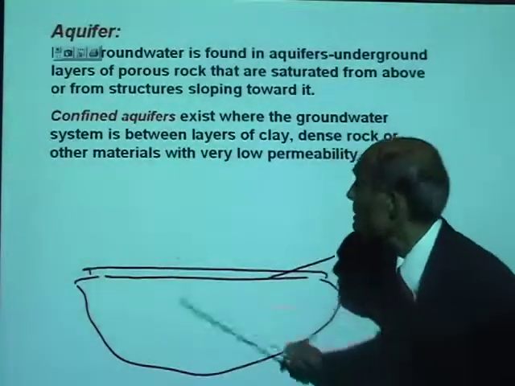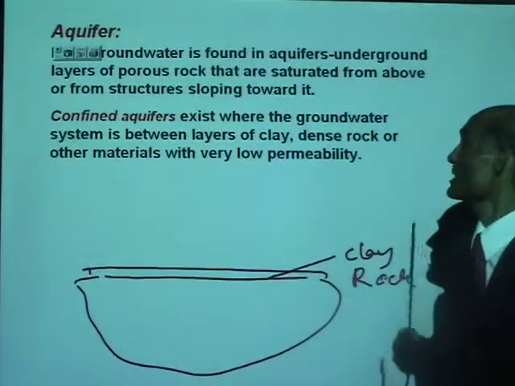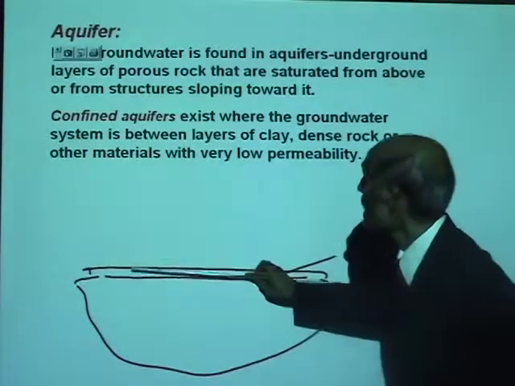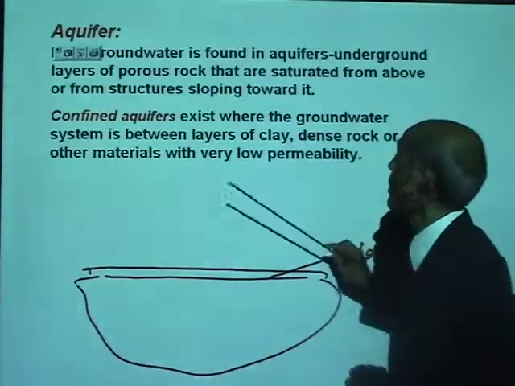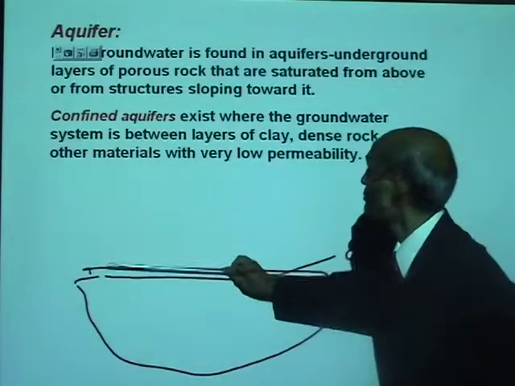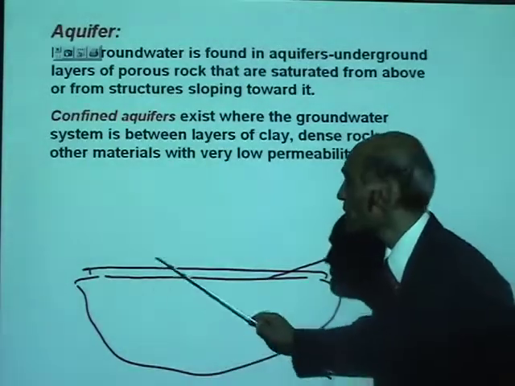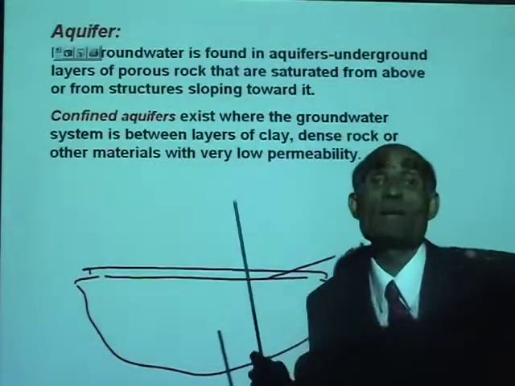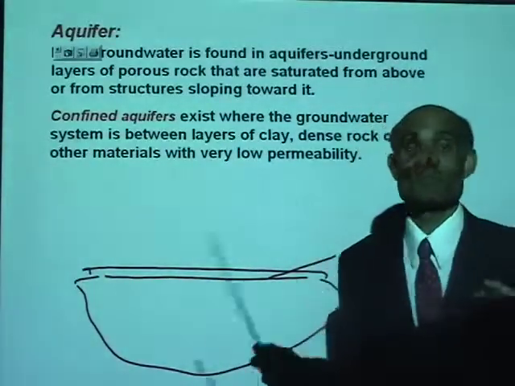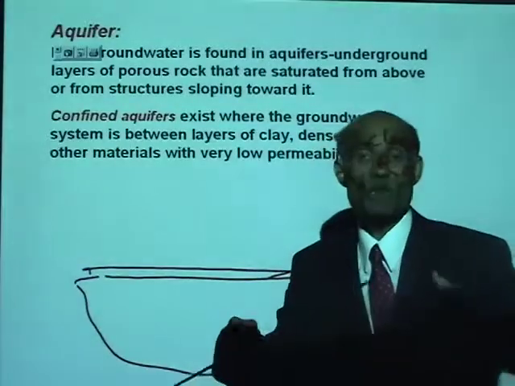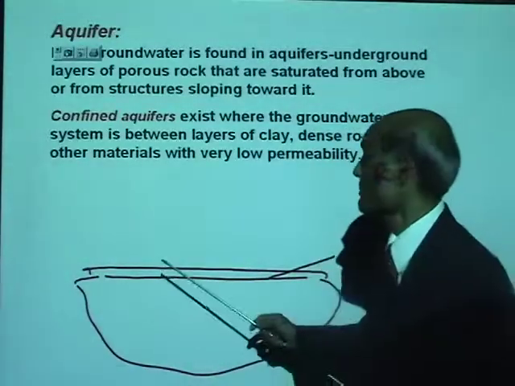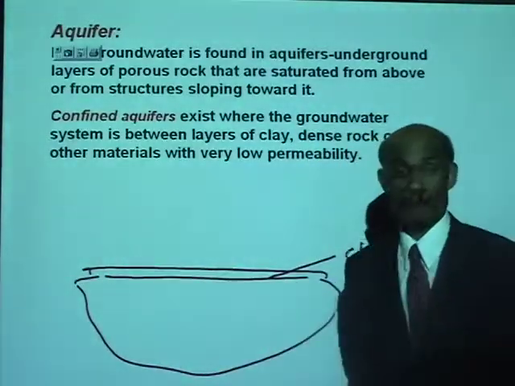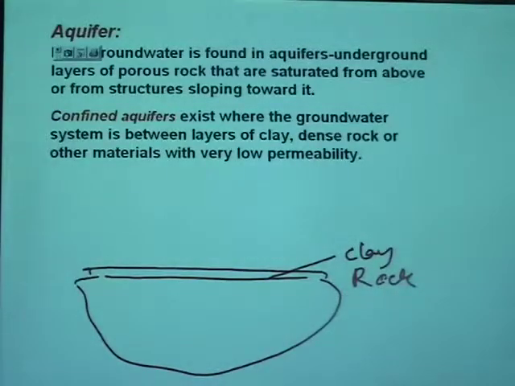So these confined aquifers exist where the groundwater system is between layers of clay or dense rock or other materials with very low permeability. That means water inside will stay there for many thousands of years because it doesn't get out very easily, because of the low permeability of the lid or the separation layers.